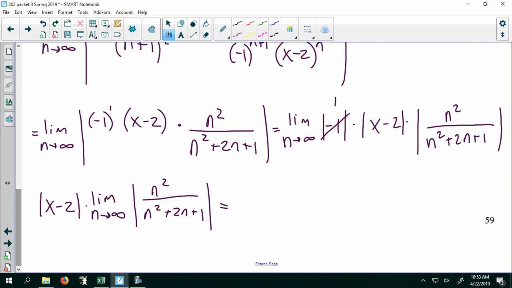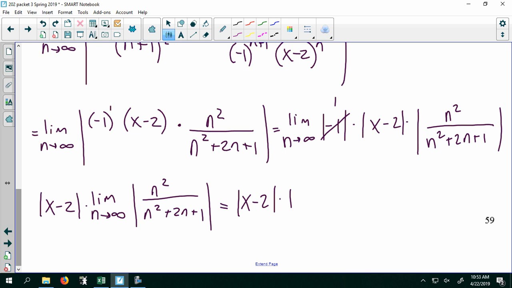Okay, what is that limit? 1. They have the same exponent, so it's the ratio of the leading coefficients. So this is the absolute value of x minus 2 times 1.